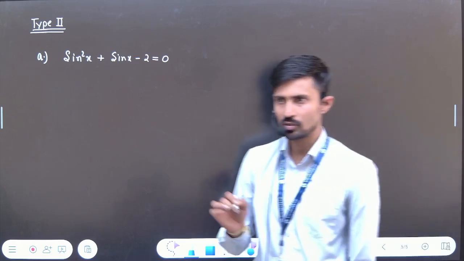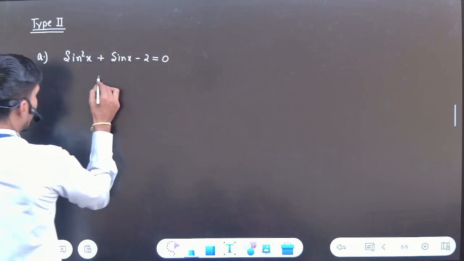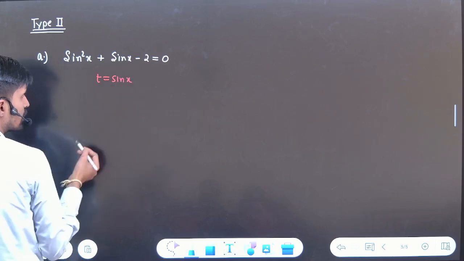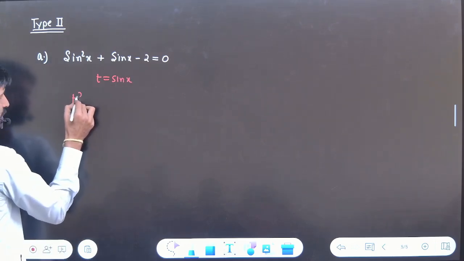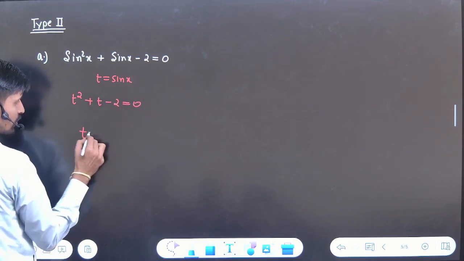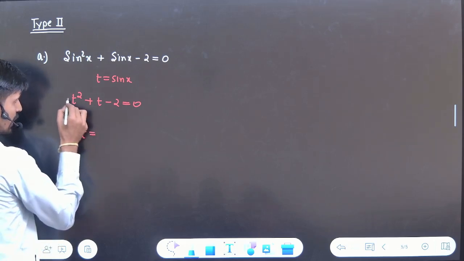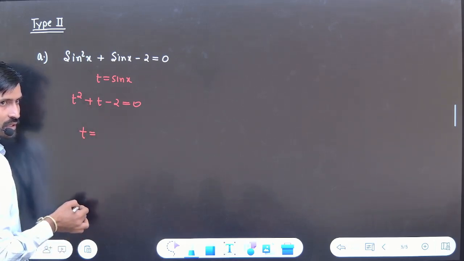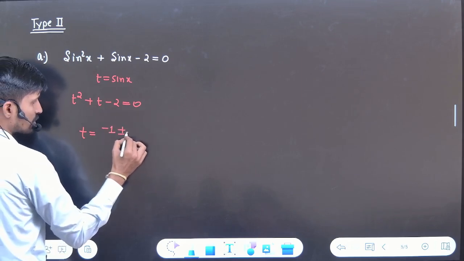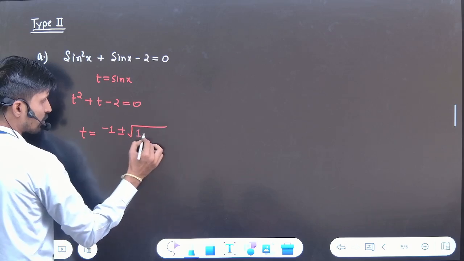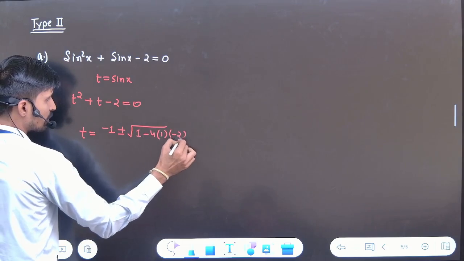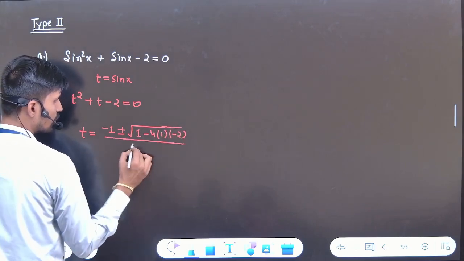Okay? So what I will do here, I will take t equals sin x. Now this will become t square plus t minus 2 equals 0. I will find the value of t here. A is 1, b is 1, c is minus 2. We will write minus b plus or minus root of b square, 1, minus 4 into a, which is 1, into c, minus 2, upon 2 into 1.